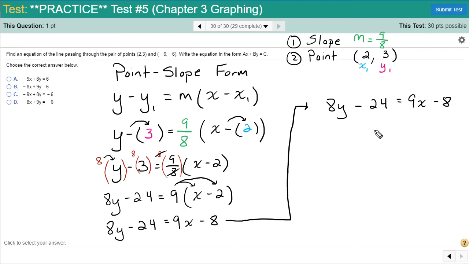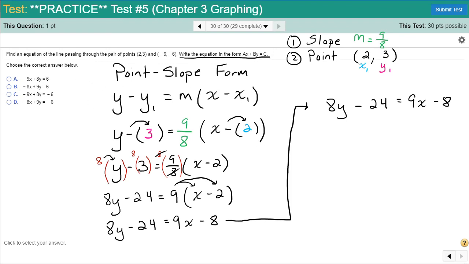All right, so we have one of two options here. Using this line, we can either put the equation in slope-intercept form, meaning y equals mx plus b, or we can put this equation in standard form, meaning ax plus by equals c. So let's go back to the original question and see what they want. They want us to put this thing in standard form, meaning let's get the x and the y on one side and everything else on the other. So let's see how we can do this.